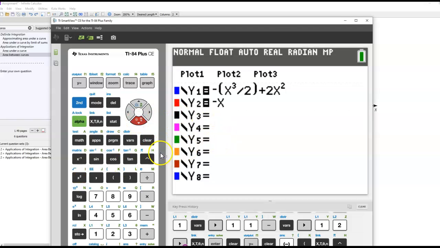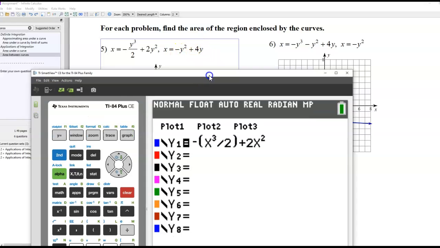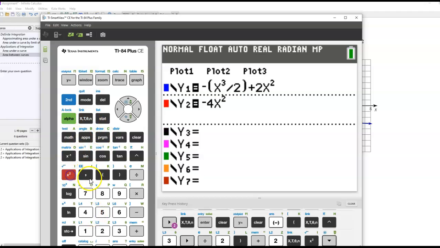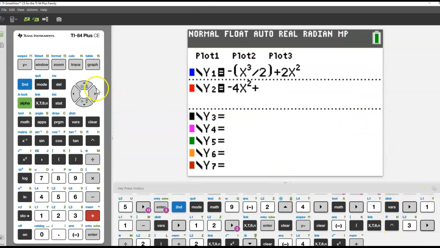My other function is negative y squared plus 4y. Okay, I put that in wrong. Let me fix that.